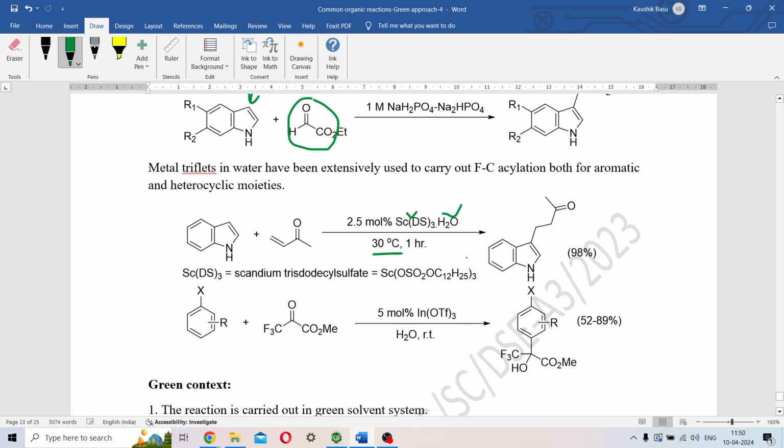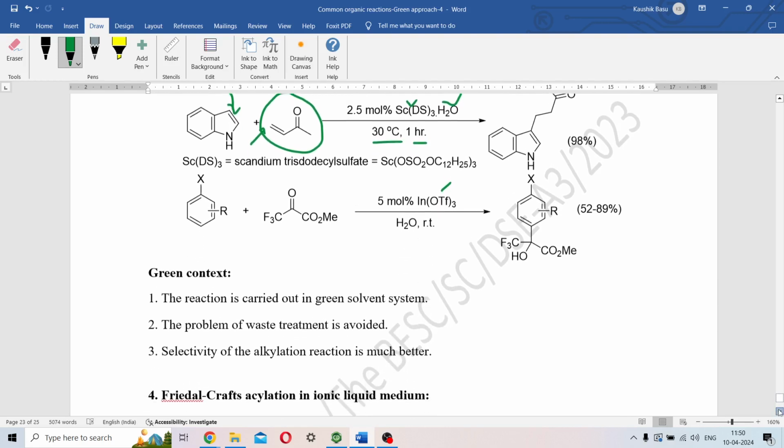You can do the reaction at room temperature. Within 1 hour you will get alkylation here using methyl vinyl ketone, while basically you are targeting to do a Michael type of reaction. We can also use indium triflate as a viable catalyst for this step.